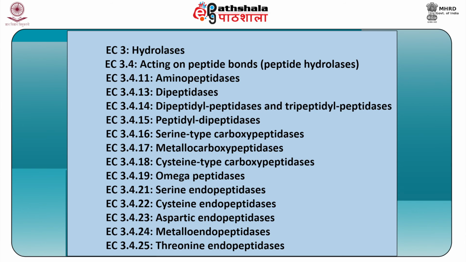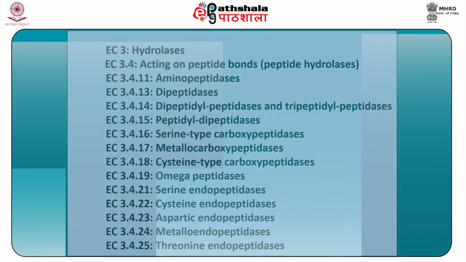EC 3.4 means acting on peptide bonds or the peptide hydrolases, and the third digit is going to define the kind of reaction being catalyzed, either it is an aminopeptidase, or it is a dipeptidase. Various examples are shown. If it is 3.4.25, it is threonine endopeptidase. So these are few examples to tell you what the third digit in the 4-digit nomenclature basically means.